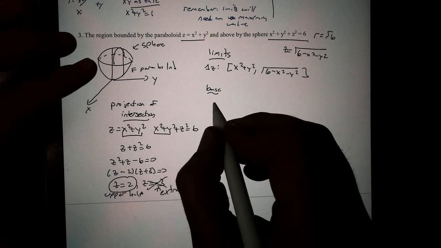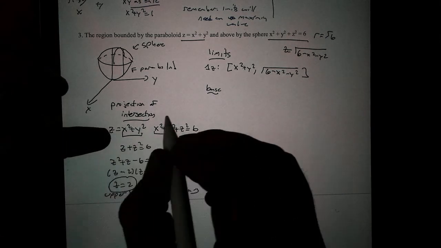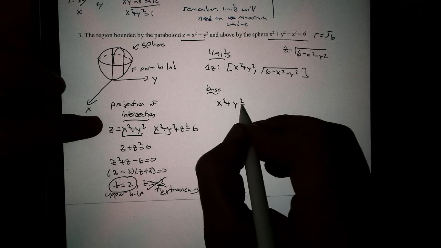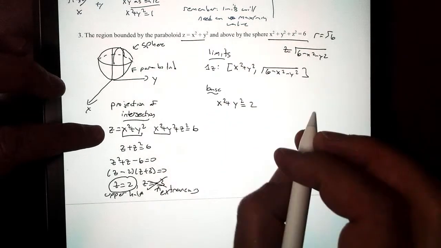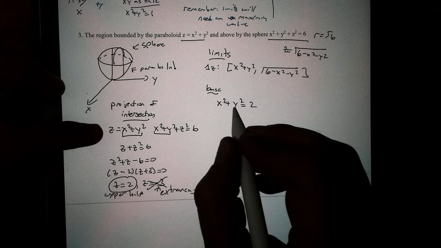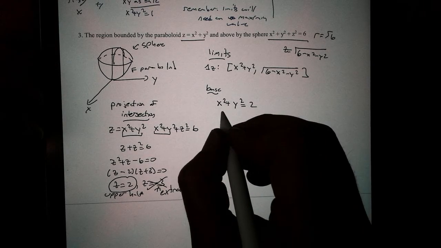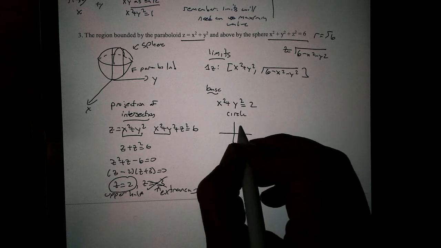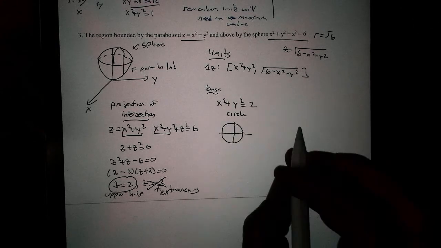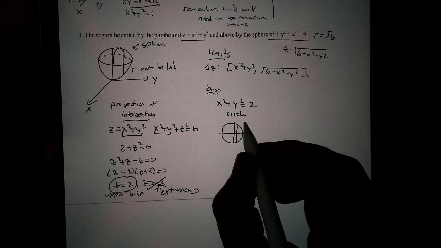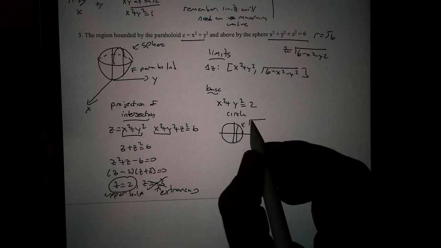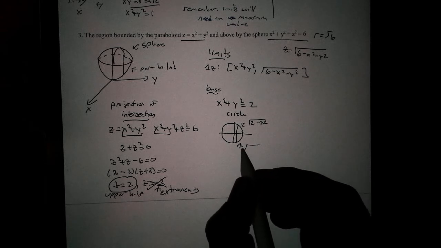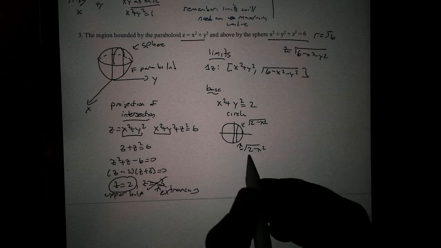So the equation of my base, with z equal to 2, I can write as x squared plus y squared equals 2, and I just got that from my paraboloid. So my base is a circle. Now I can get the rest of my limits. The top of the circle is the square root of 2 minus x squared, and the bottom is negative square root of 2 minus x squared.